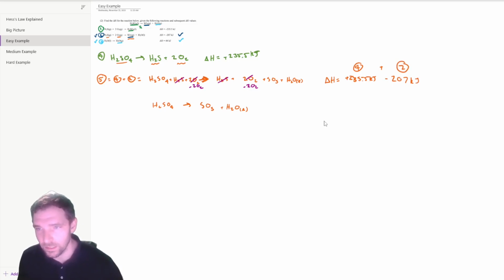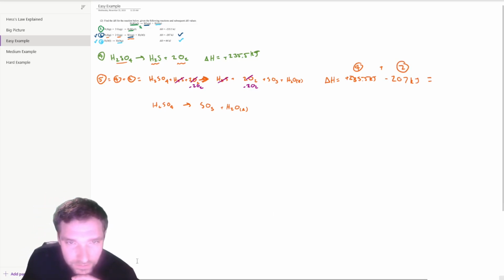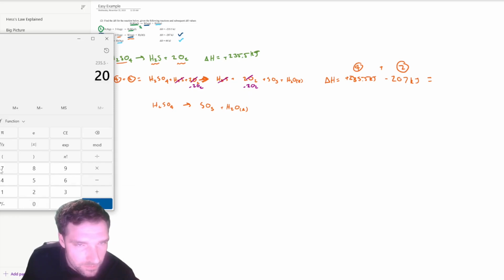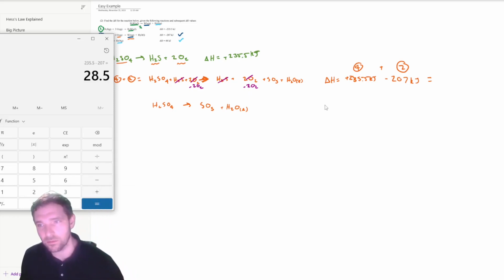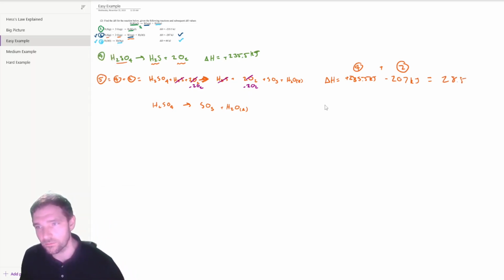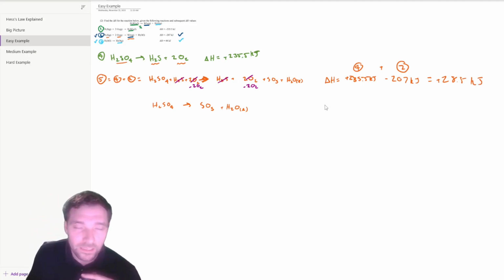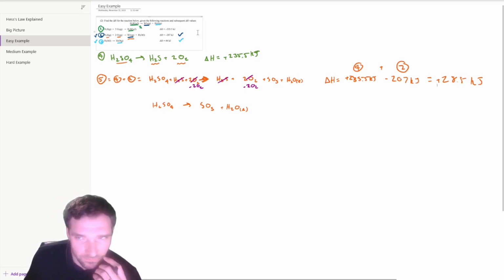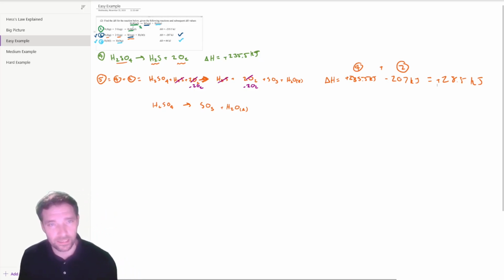If we combine those two numbers, 235.5 minus 207, that's going to be 28.5 kilojoules, so a positive 28.5. That seems pretty appropriate given those two numbers we combined, and that we had to flip the first one in line 1 to get line 4 to make that positive.